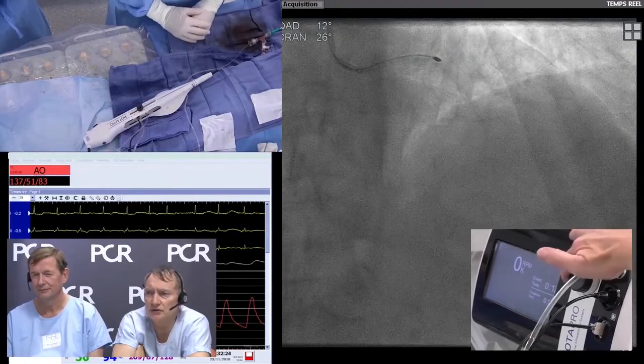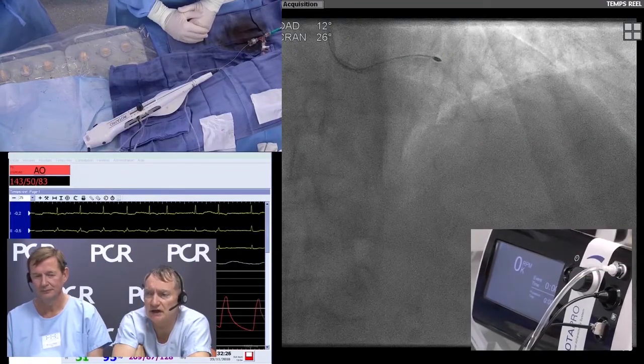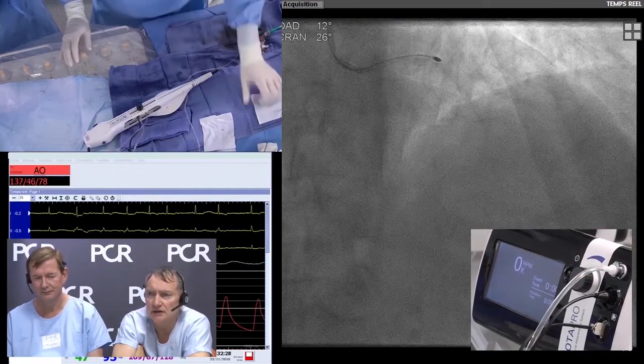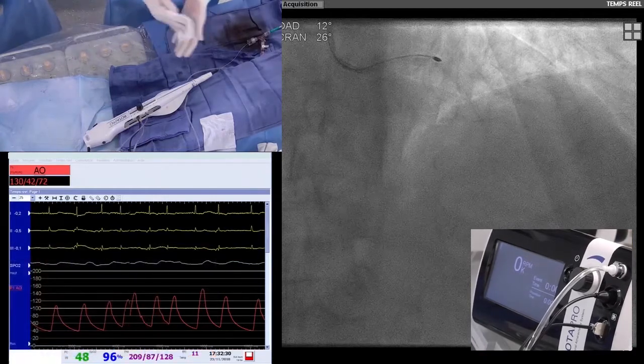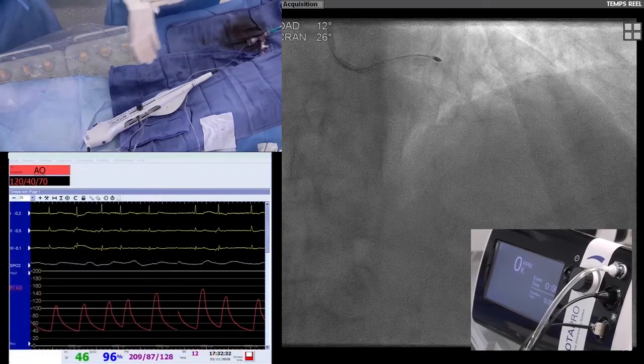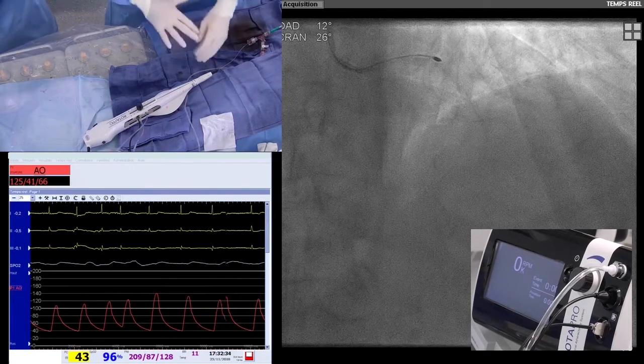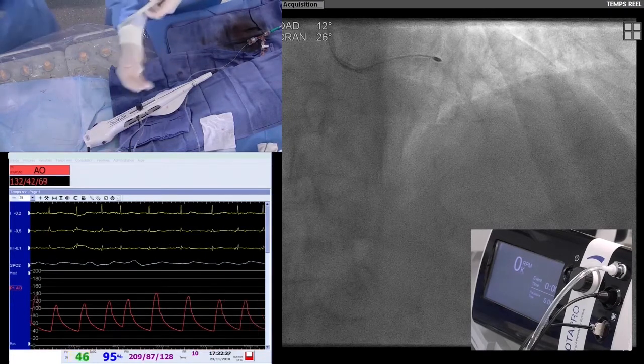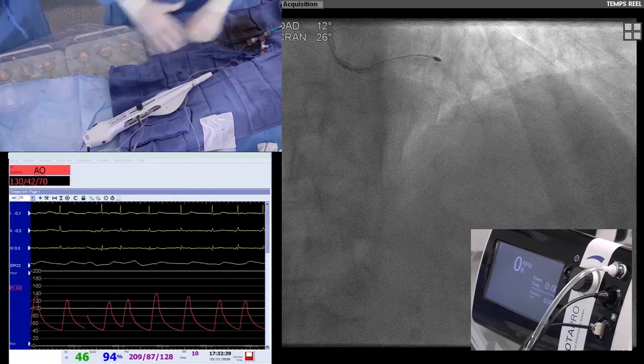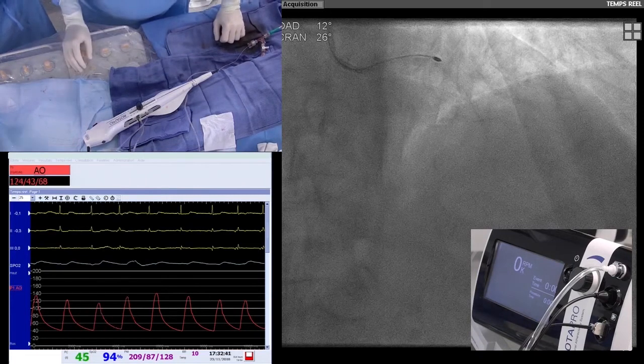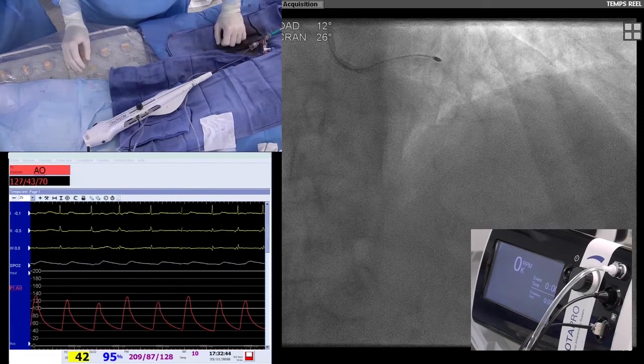What do you recommend concerning the speed of rotablation now? So we agreed actually to have a speed between 135 to 180,000 RPM, but personally I prefer around 160, 170,000. How about you, Nicolas? The same. I don't know if you noticed, when Nicolas was ablating, there was this arrow popping up.